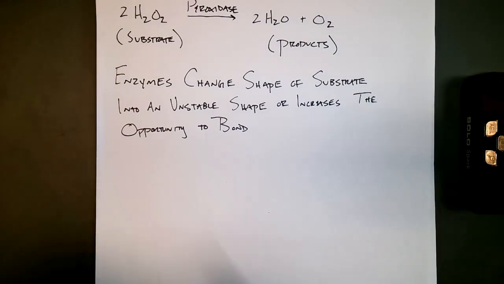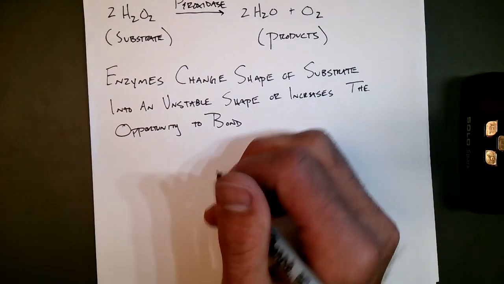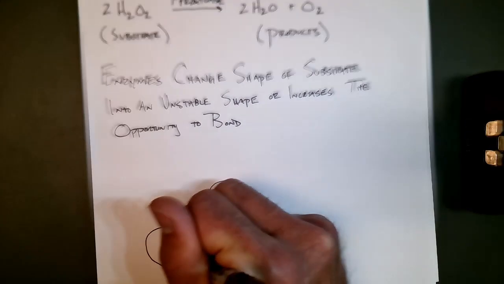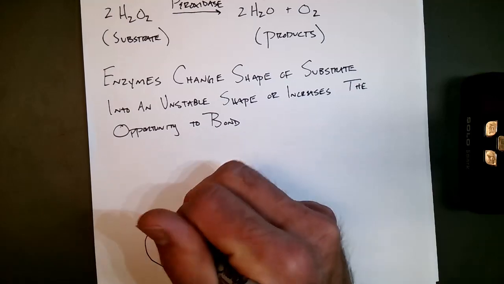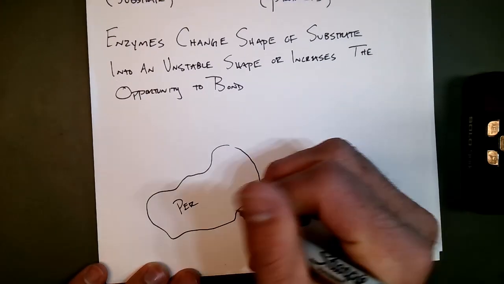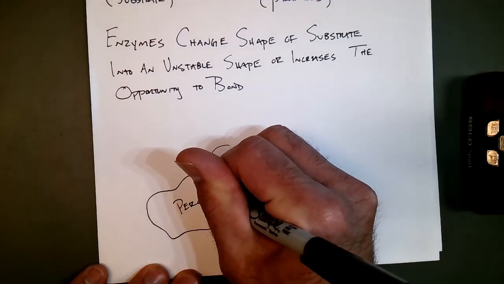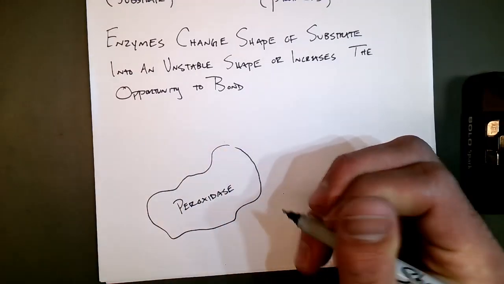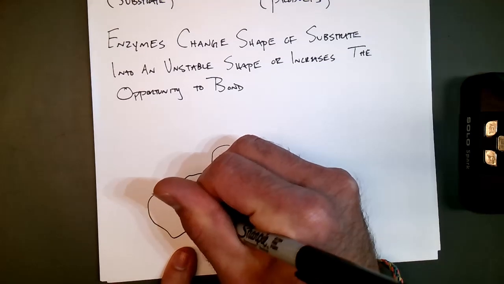So again, we're going to sketch out just what this looks like. So here we've got peroxidase. We'll say this is peroxidase. And this is the enzyme.